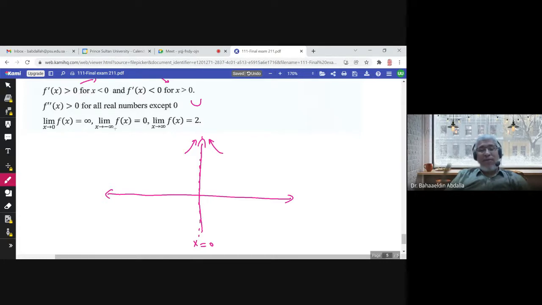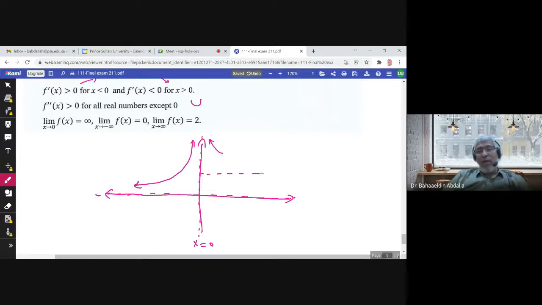The limit of f of x when x approaches negative infinity is 0, so y equals 0 is a horizontal asymptote. If I graph something like this, it will satisfy the conditions. The limit of f of x when x approaches infinity is 2.